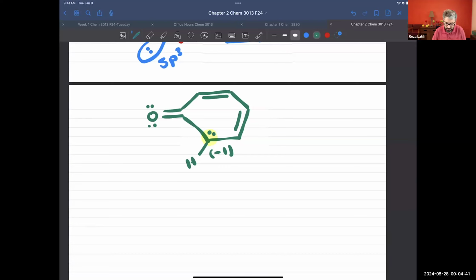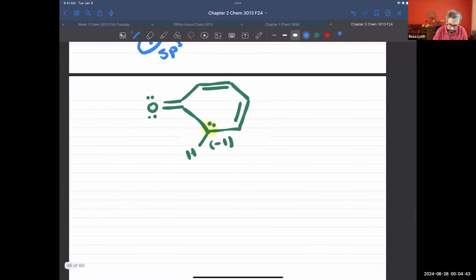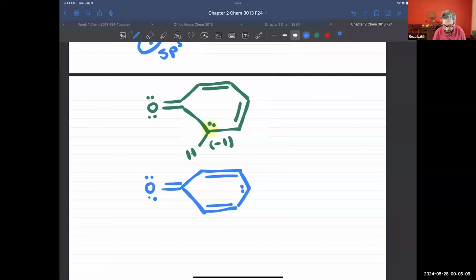How about this? Oxygen attached to carbon. This time let's put a double bond here, lone pair there, and double bond here. Remember this one has hydrogen, so this carbon will be -1.